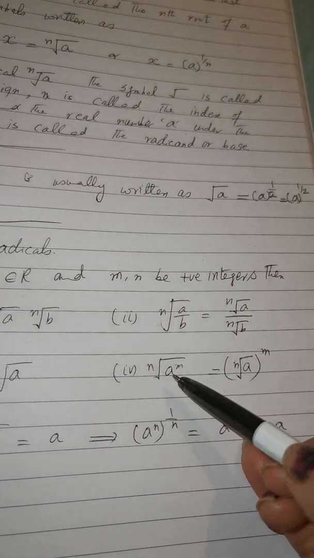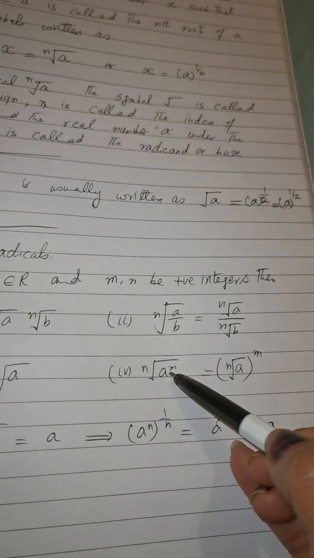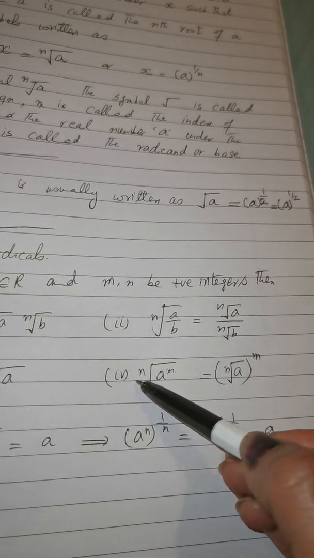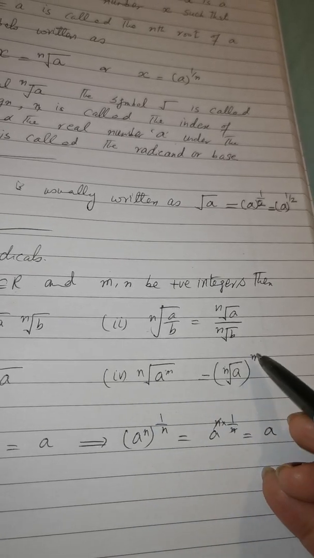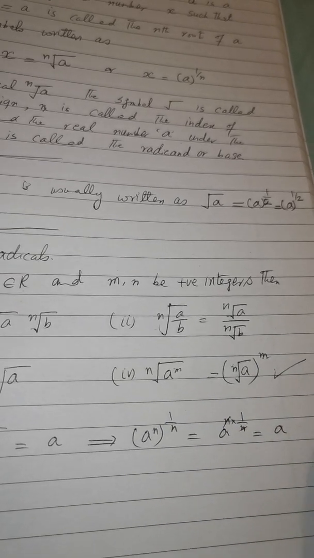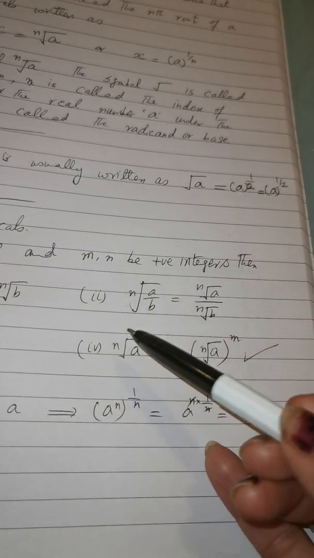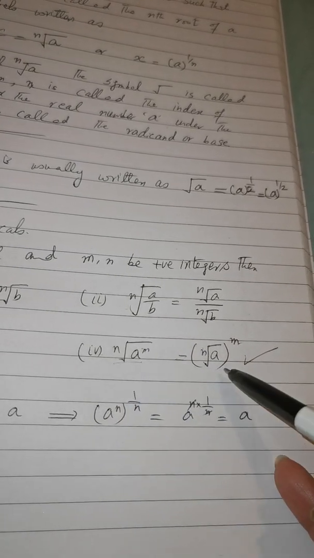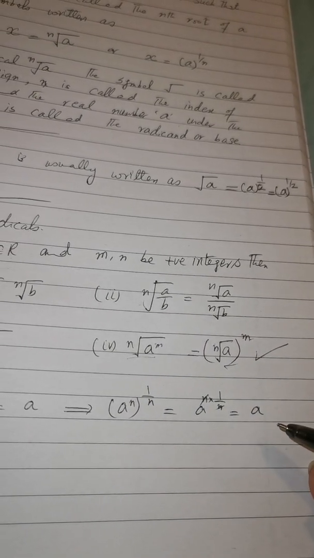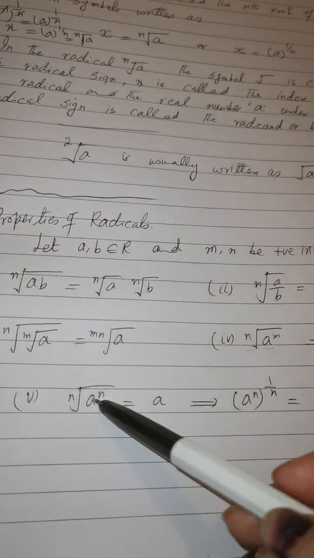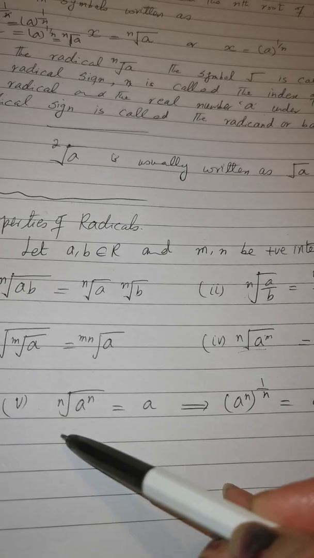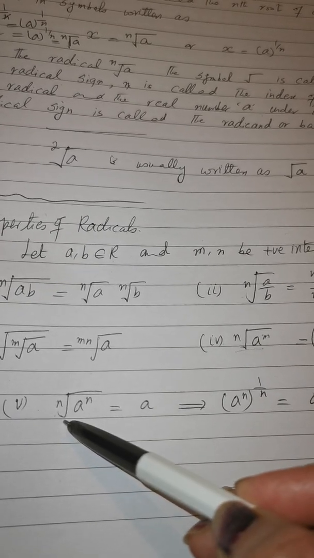Next property is, if we have a^m under root n, then you can write it as a under root n whole power m. This is the fourth property. So you can replace this by this thing.